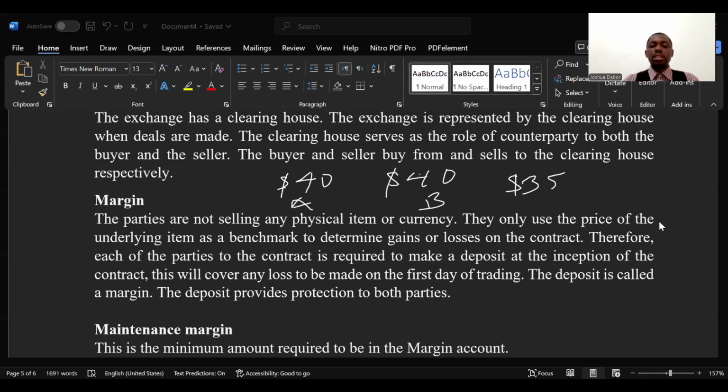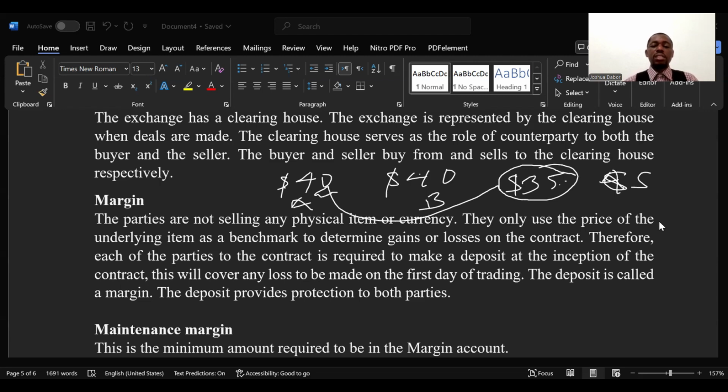So at the end of the day, the account will be closed and party A, that made the loss, will need to pay party B. We need to pay party B $35. So this helps to reduce the risk. So party A will now be left with $5.